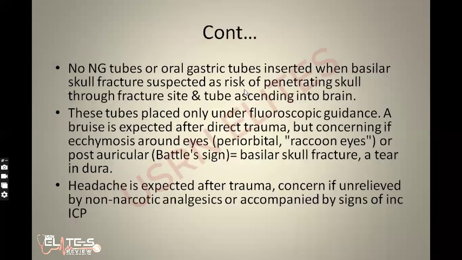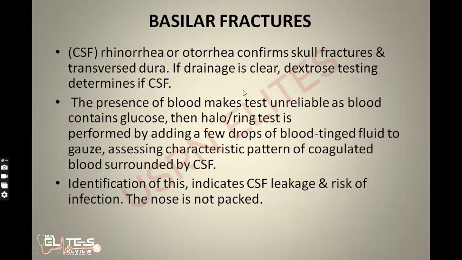The second point you are saying here is that sometimes you can have blood mixed with these clear drainage. And if blood is mixed, you will not perform the glucose test again. You will perform the halo or the ring test, which is performed by adding a few drops of blood-tinged fluid to gauze.